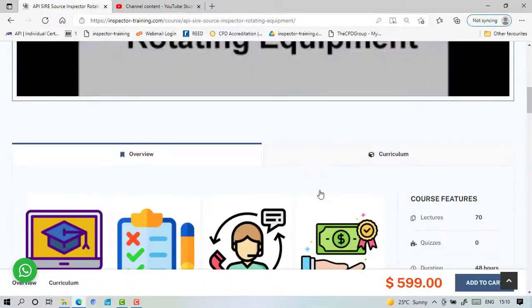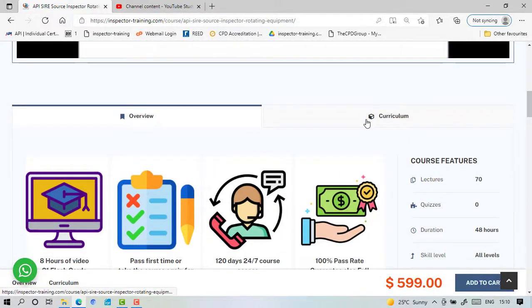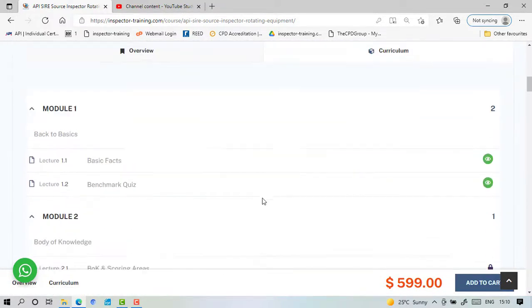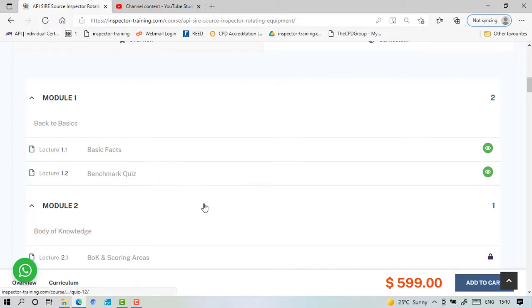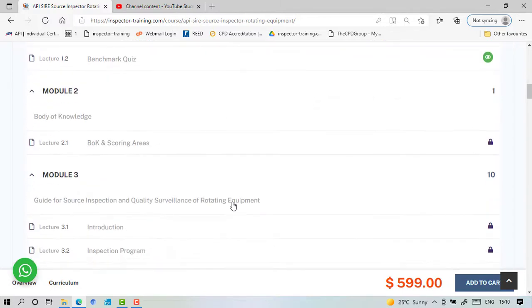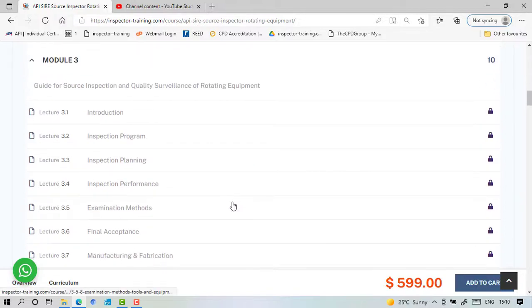If you go to curriculum, you'll see that we have the basic facts, A to Z of registration, exam tips, time management, and a benchmark quiz that we are going to solve today, and it's open and accessible to all for free. Then the body of knowledge and scoring area, and the guide for source inspection and quality surveillance of rotating equipment.